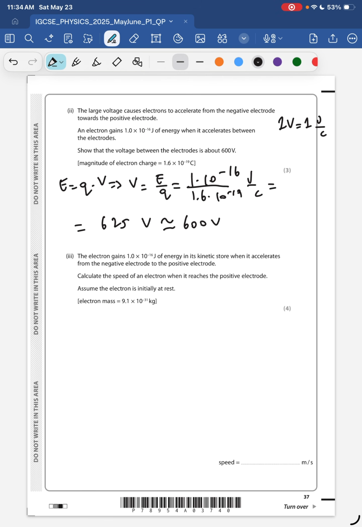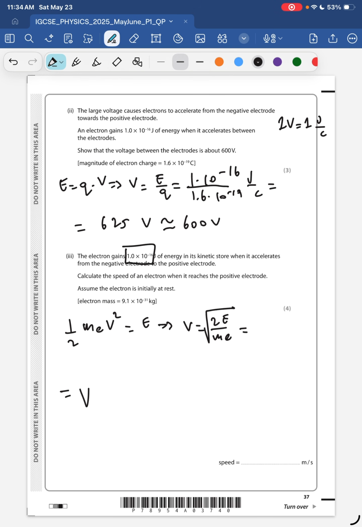Okay, so the kinetic energy of the electron is going to be equal to the gained energy of 1 times 10 to the negative 16 joules, right? So the velocity is going to be 2 times the gained energy over its mass, and we have to take the square root of that.